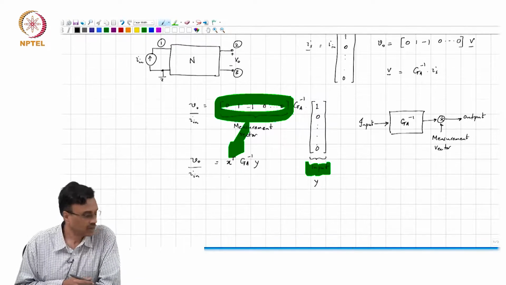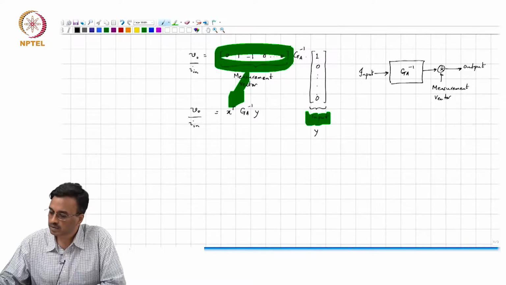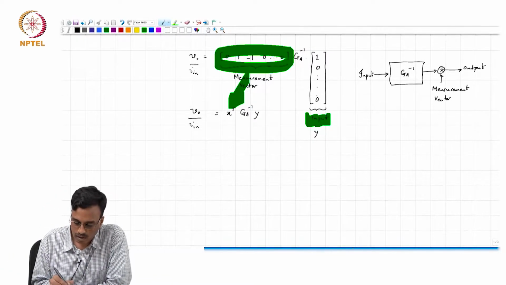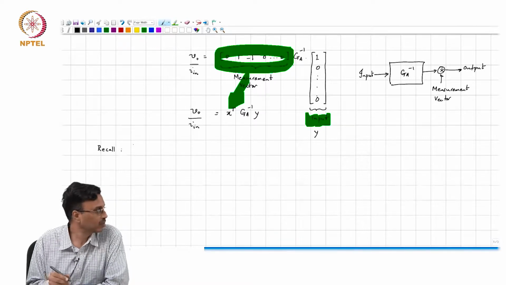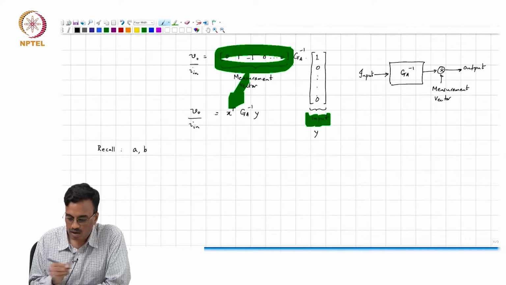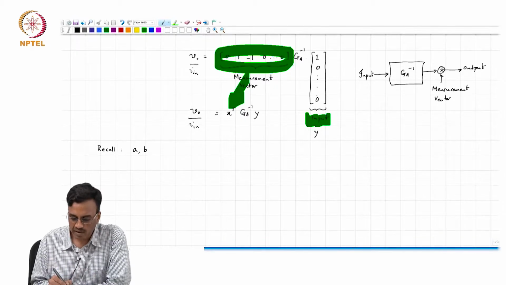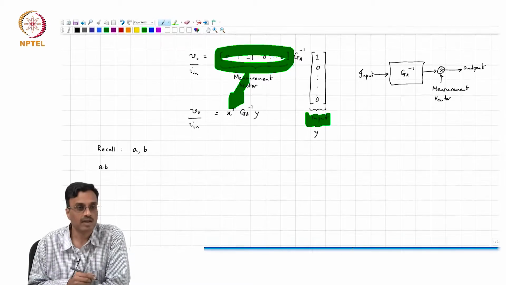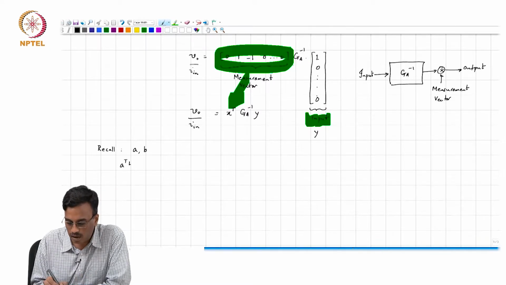And remember that if you have two column vectors with the same length, let's say I'm going to use A and B, what is the dot product of the two vectors? The dot product A dot B is nothing but A transpose B, correct?